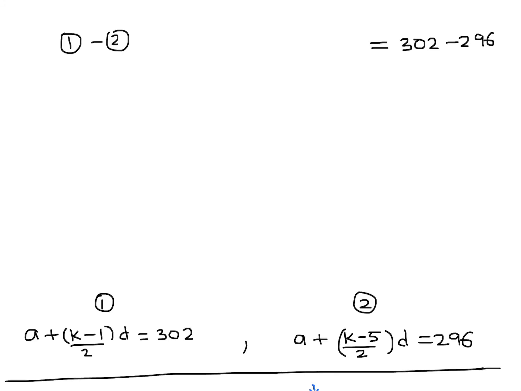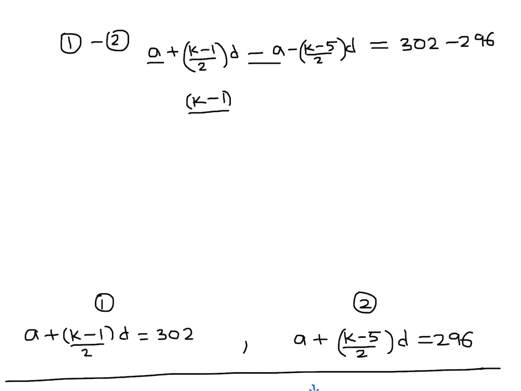On the left side, it will be a plus (k minus 1)/2 d minus, from equation 2, a plus (k minus 5)/2 d, right? And the a's do indeed cancel, so we're left with (k minus 1)/2 d minus (k minus 5)/2 d, and this equals 6.